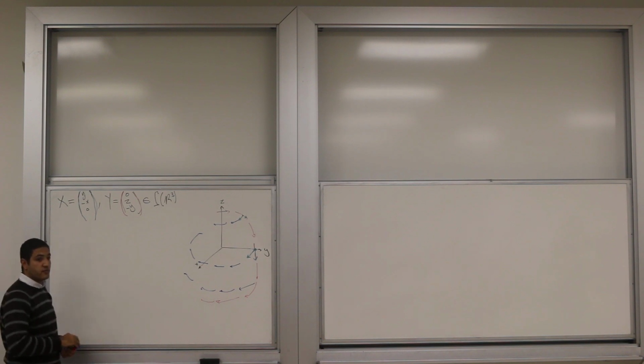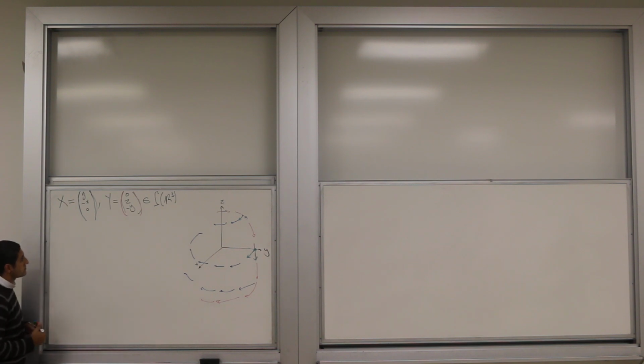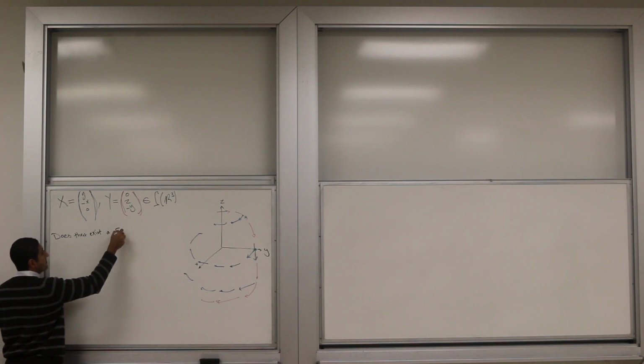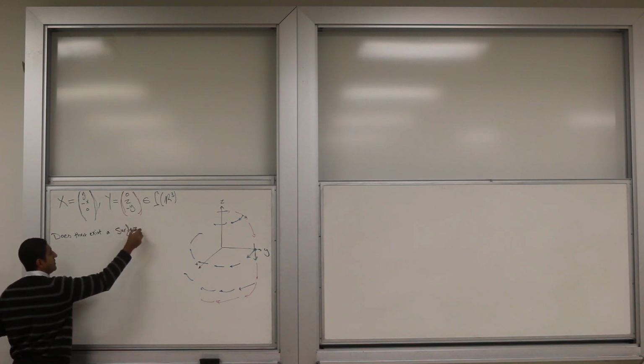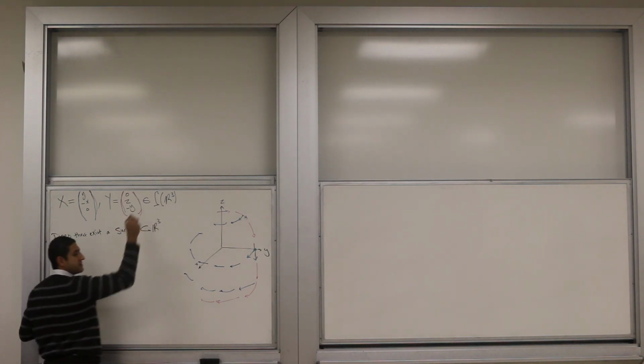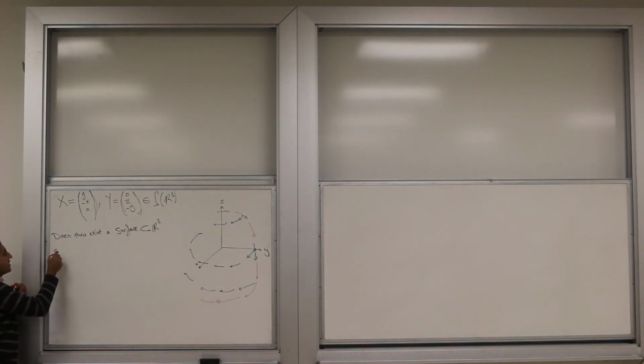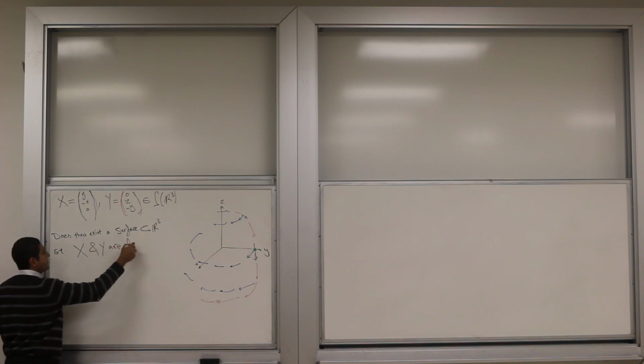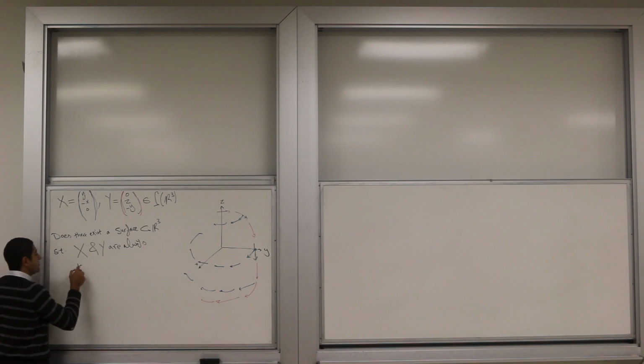In other words, from a geometrical point of view, does there exist a surface in R3, some surface, such that this X and Y are always tangent to that surface?